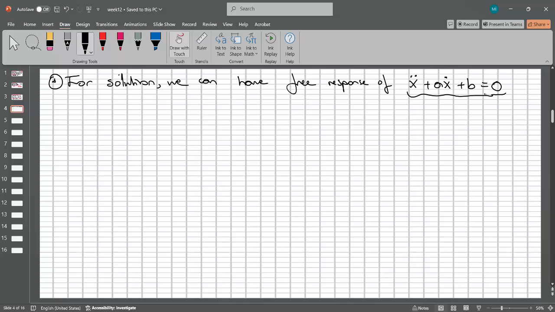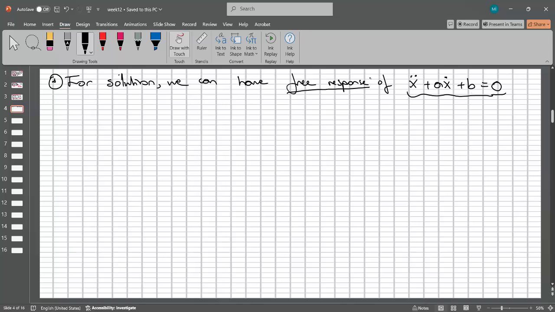Anyone sure about that? Now, yes, the forced response is not equal to 0 if we have any input parameters in here. And so which response do we have? Yes, Hajar, thank you for your participation.